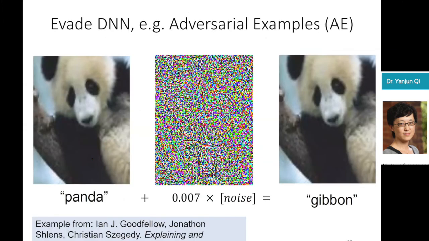My group actually has a lot of work on the sensitivity or robustness of machine learning models. This is the most classic example that pinpoints this issue. You have a panda image given to this classifier, and it predicts panda. This is the predicted f of x. Then you just add a small delta. Your eyes will still treat this image as a panda, but this classifier will very confidently classify it as a gibbon.